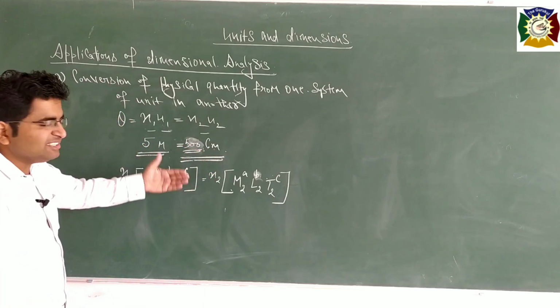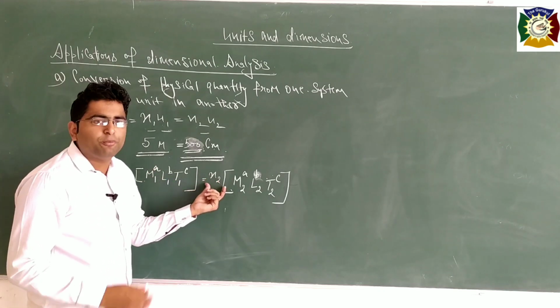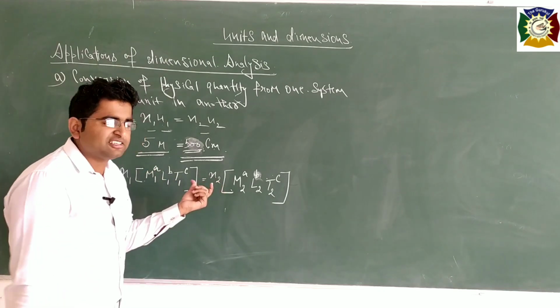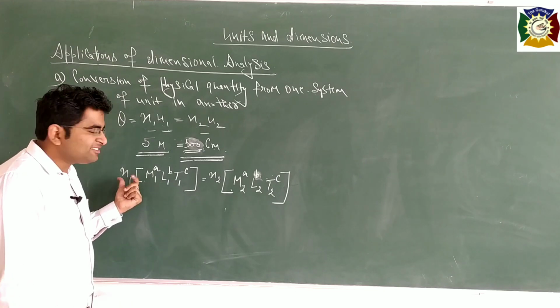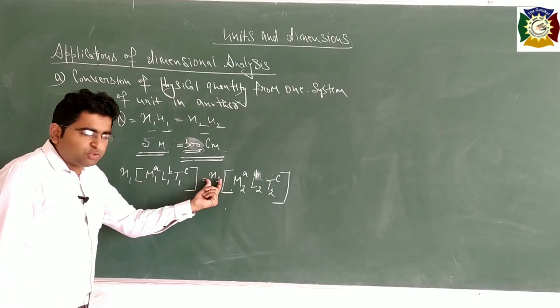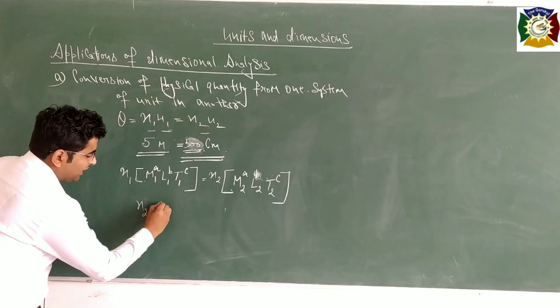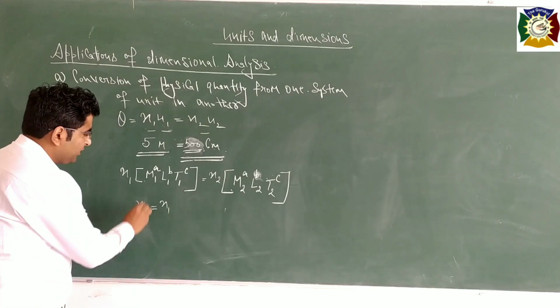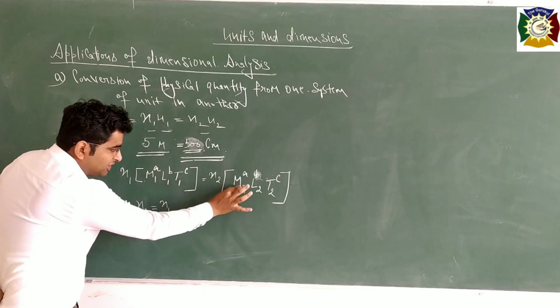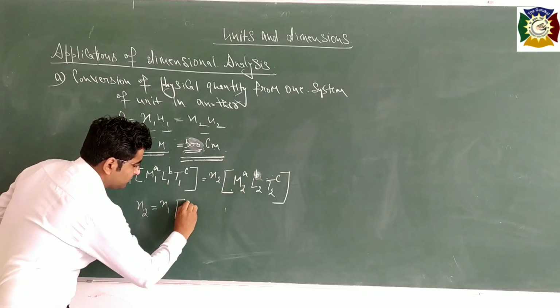So in this application, we are going to calculate the numerical value in another system. N1 will be given to us, N2 we have to solve. So from here, N2 will come out, N2 equal to N1, clear? Here M1 power a divided by M2 power a.